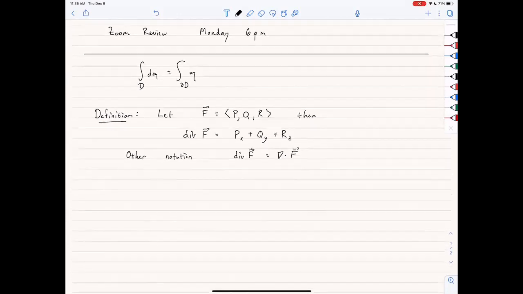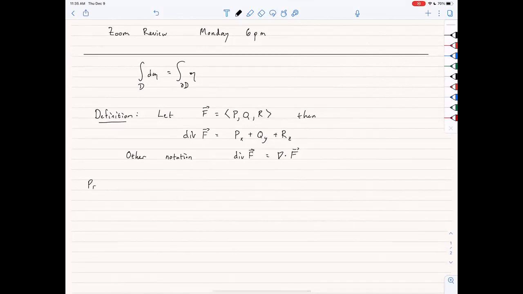So let's see here. We can take an example. Let's do a problem. Let's say we have two examples: F equaling x, y, z, or say G equaling minus y, x.